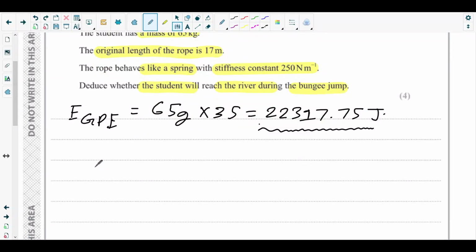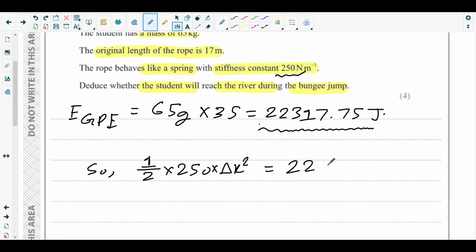We will use half of K del x squared, because we know the value for K. So half of K times del x squared equals the lost gravitational potential energy of the student.